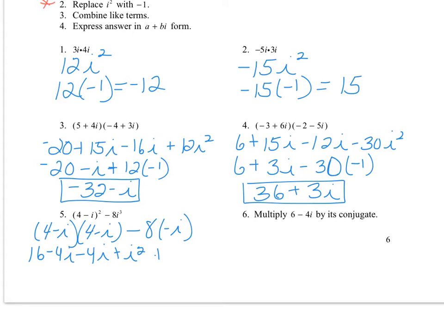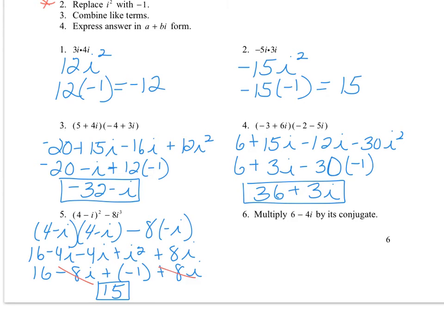And that'll give me a positive 8i, because a -8 times a -i is a positive 8i. Combine like terms, 16 minus 8i plus a -1, because i squared is -1, plus 8i. The 8i's cancel, so I have 16 plus a -1 gives me a positive 15 as my final answer.